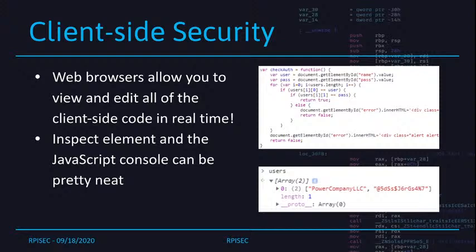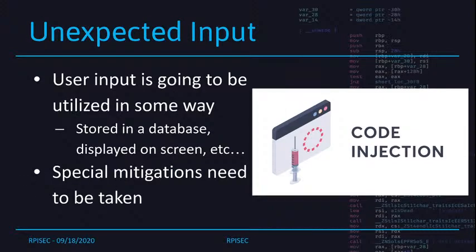So here you can see exactly what would happen if you made that mistake. However, like I said, we're not going to focus too much on client-side security because it shouldn't be done in the first place. It pretty much just falls down to you can do some things in JavaScript.